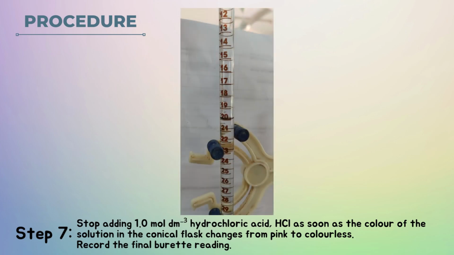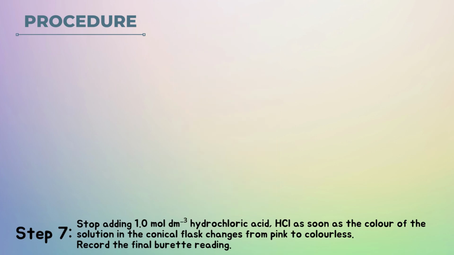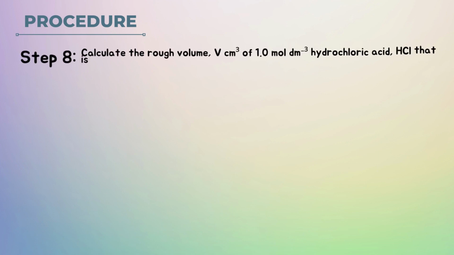Record the final burette reading. Step 8. Calculate the rough volume, V cm³, of 1 mol/dm³ hydrochloric acid, HCl, that is needed for titration.